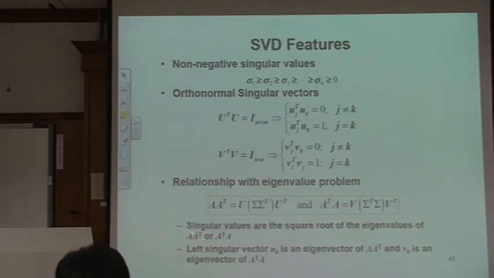They are the same thing. They have the same eigenvalues. From this point, you can see the relationship between the singular values and the corresponding eigenvalues. So if you want to find the singular values, you can first find the eigenvalues, then take the square root of them, and you get the singular values.